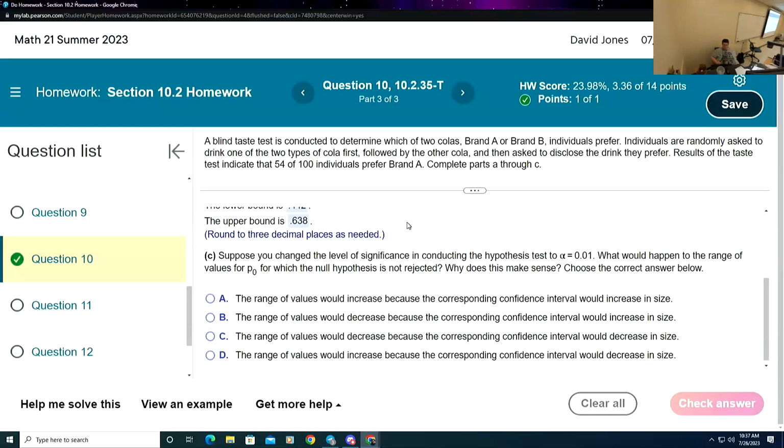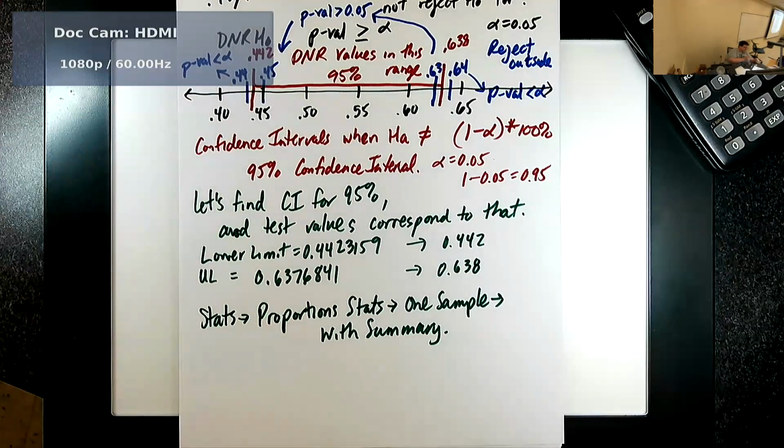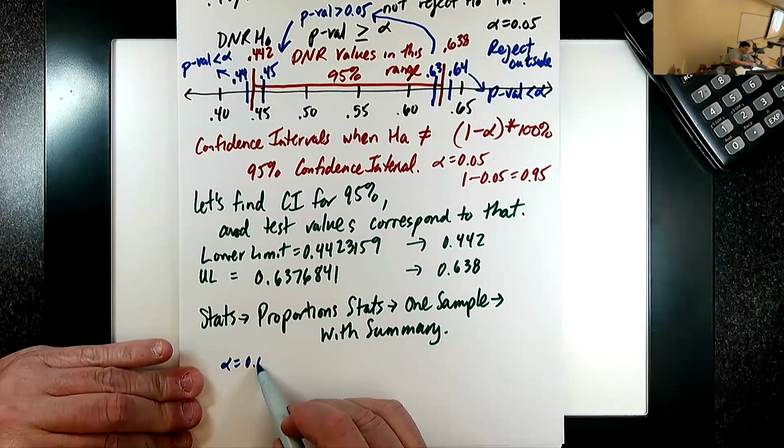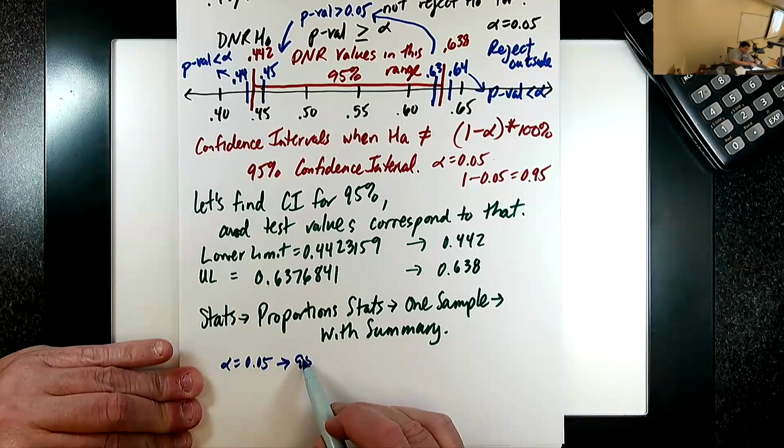And now it says, suppose you change the level of significance in conducting the hypothesis test to alpha equals 0.01. What would happen? Let's come back and look at our picture and talk about that. So alpha was 0.05, and that was 95% confidence.